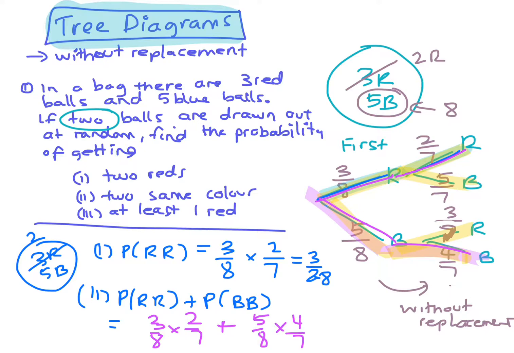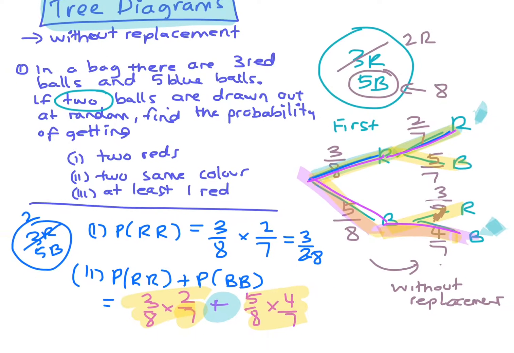And see, they are 2 separate events. You either get one or you get the other. You can't get them together. And that's why when you're doing that, you can just use the rule where you add the 2 separate events together. And see how you add the 2 separate branches from the probability tree.